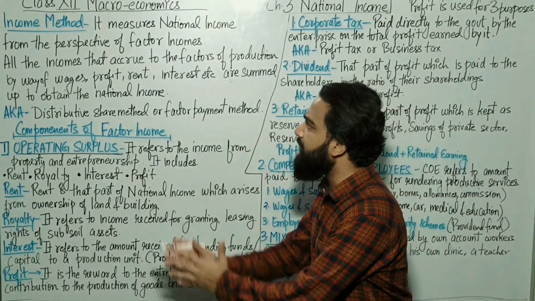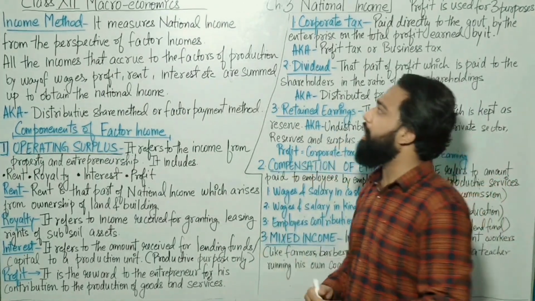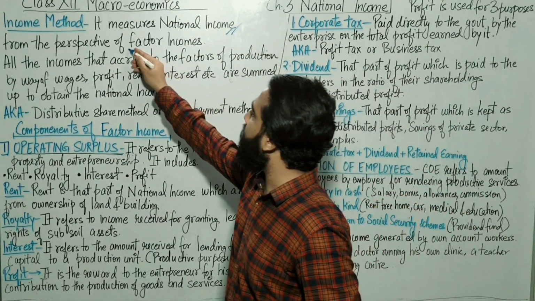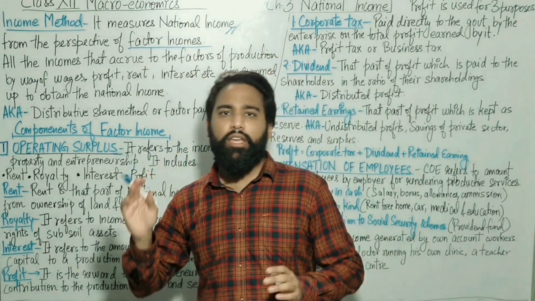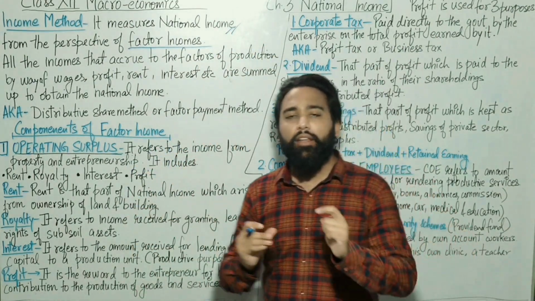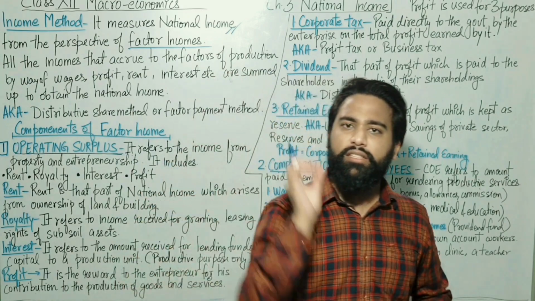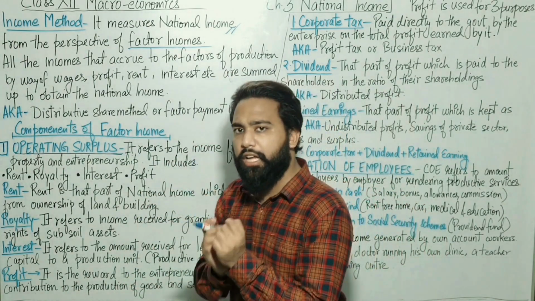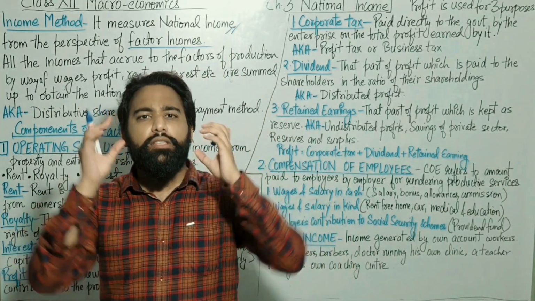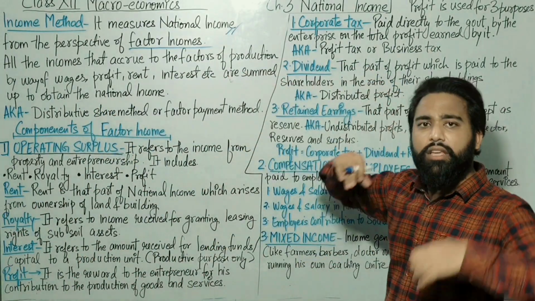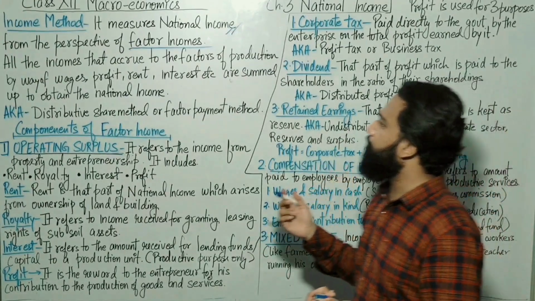Now, with the income method, we can calculate the national income from the perspective of factor incomes. Here we just assume that if all the factor income of the residents and citizens of our country is added, summed up, then we can have the national income of the country.